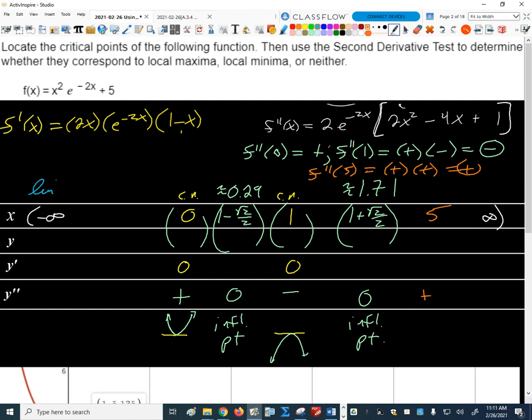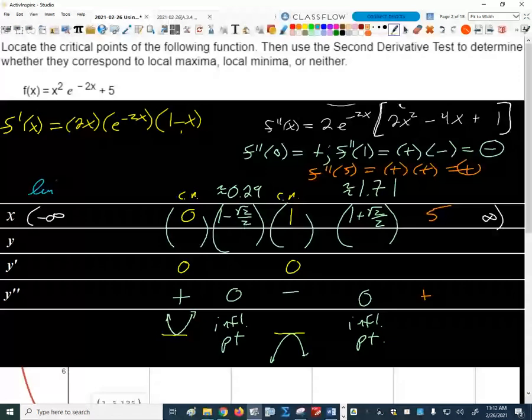And you can look at this a number of ways. Shouldn't it tend towards positive infinity on both sides? Okay, let's take the left side first here. So positive infinity? Okay, how come?